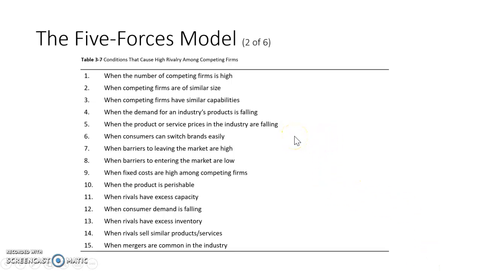We'll talk about these a little bit in a minute. High fixed costs, if your product is perishable, if your rivals have extra capacity to create more, consumer demand is declining. If rivals have excess inventories, they might be able to sell cheaper. If your rivals sell similar products and services, and if mergers are common in the industry.